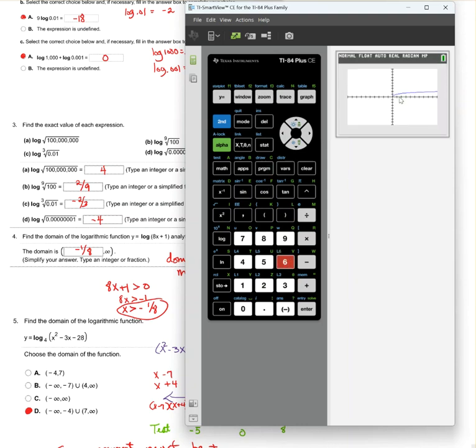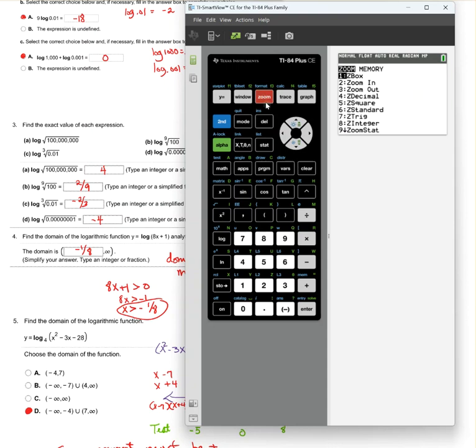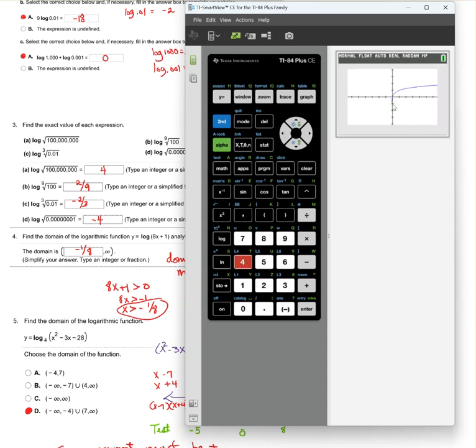And we can see it starting right there. I'm going to do a zoom 4 just to go in a little bit. You can tell that it starts right up to the left of 0, so it makes sense. Negative 1/8 to infinity. So that just verifies that our domain starts about negative 1/8.